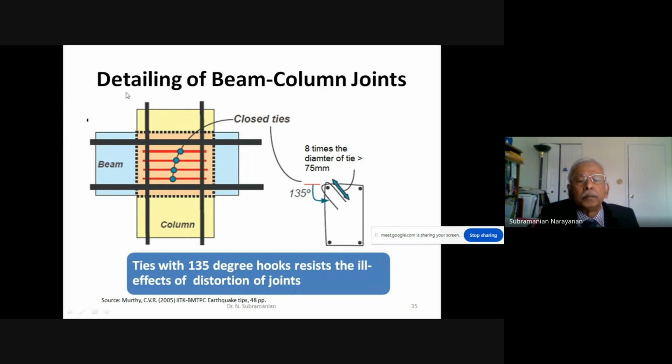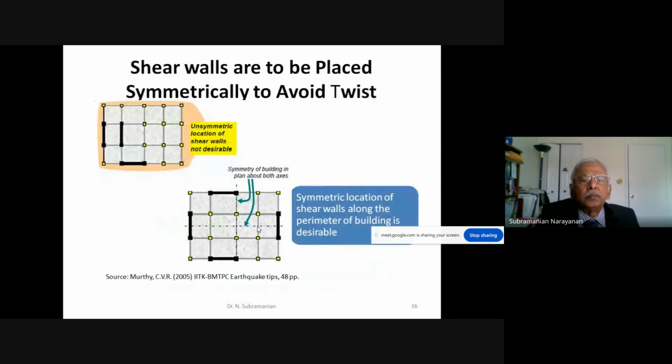Detailing of beam column joints, because it is very difficult to place ties in the beam column joint, but it is important not only to have the lateral ties in the beam column joint, but also to have 135-degree hooks that resist the ill effects of the distortion of joints. And it is also important to have equally distributed shear walls in all the directions, so that we will have the desired performance.